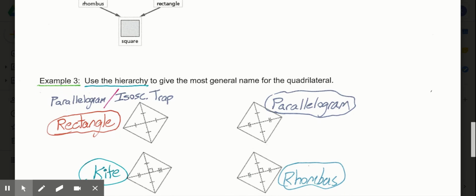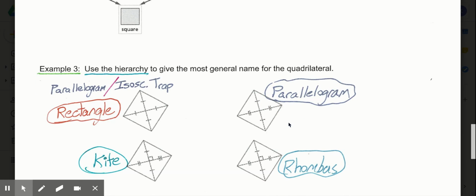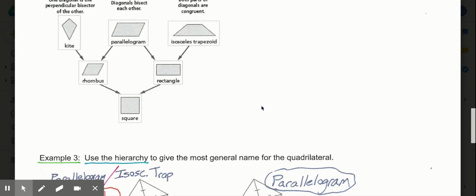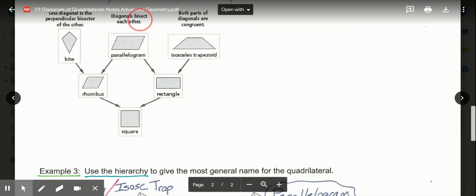Then, looking at our second image here, we know that the diagonals are split into 2 congruent parts. So that tells me the diagonals bisect each other. If all we know is that the diagonals bisect each other, our most general name would be a parallelogram.